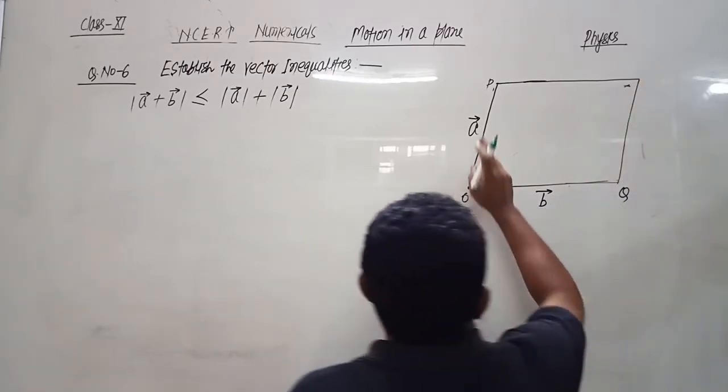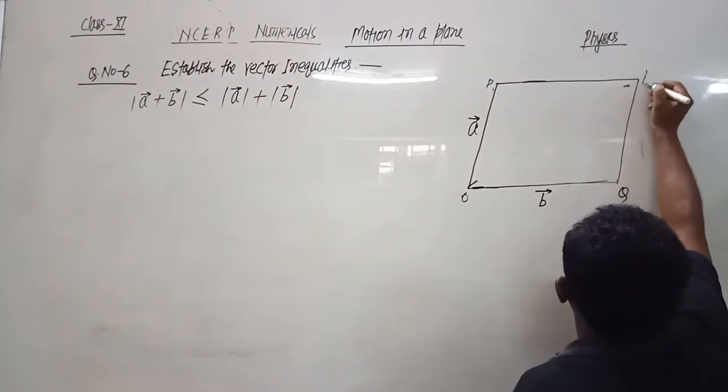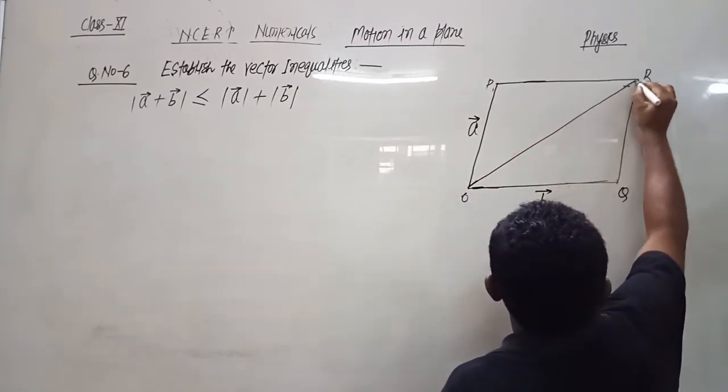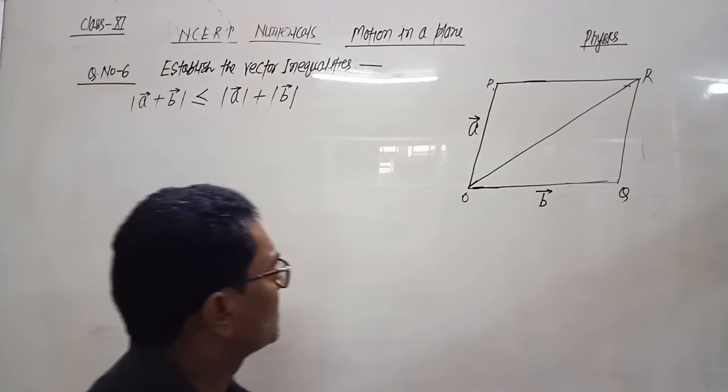This is O, P, Q and R, and the diagonal gives the resultant vector.